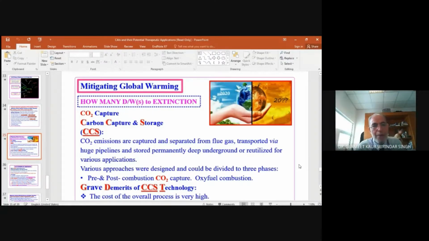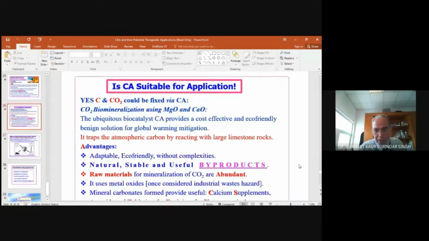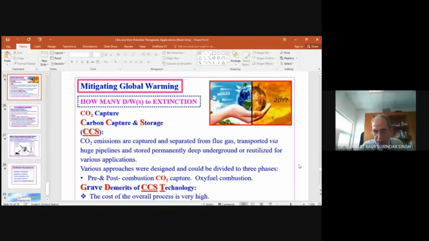Okay, so mitigating global warming could be done through one of two strategies. The first one is the sequestration or storage of carbon dioxide or carbon atom itself. But this way proceeds through a very costly pathway, and the byproducts are not as interesting as the other one.